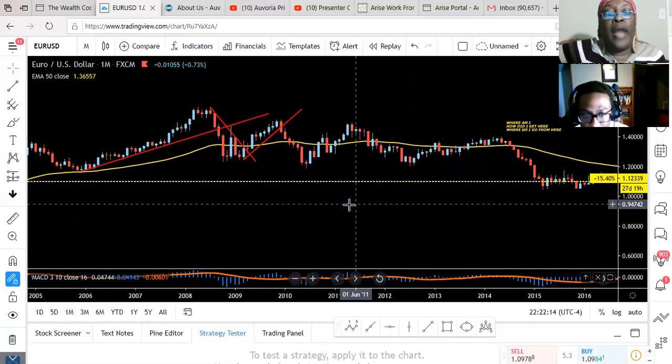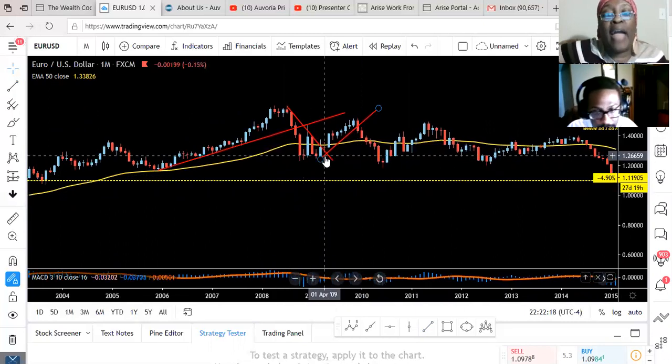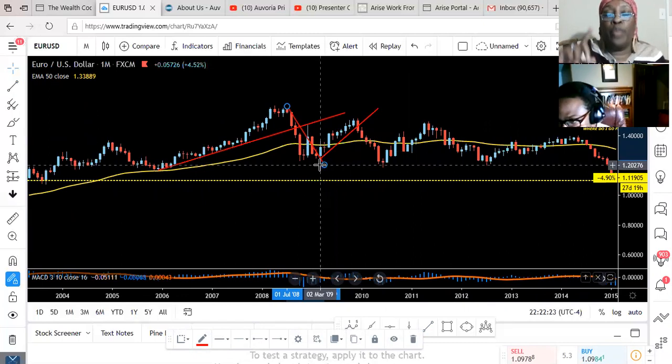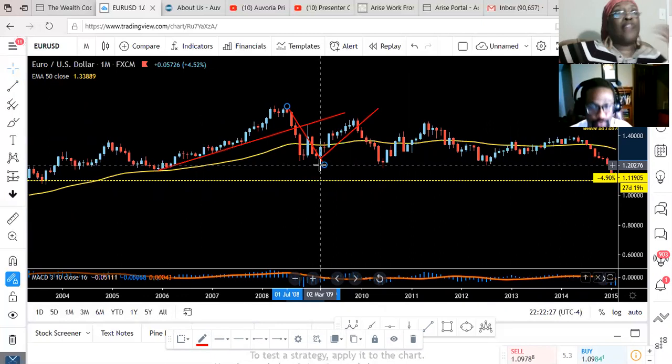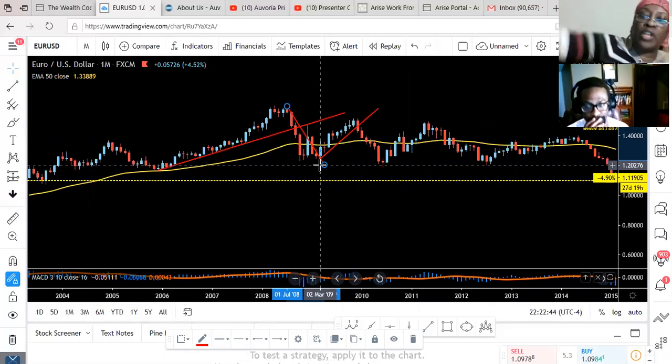What do you mean by a flag pattern? When you have a flag pattern, the flag pattern confirms the impulse. What it's telling us is price still has strong momentum in this trend. It's not exhausted itself. So it tells us that price is going to continue in the direction of the trend.